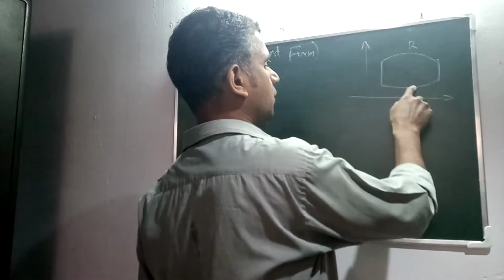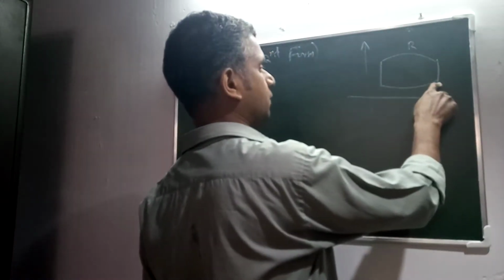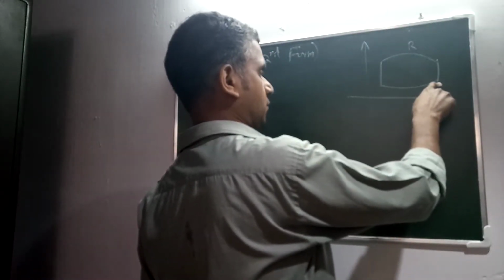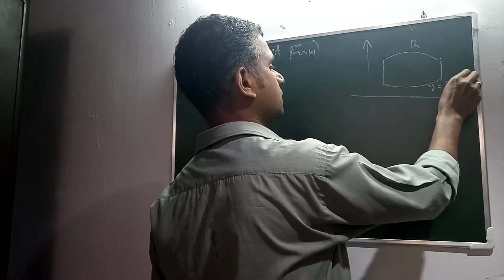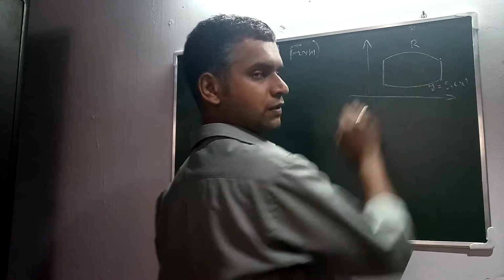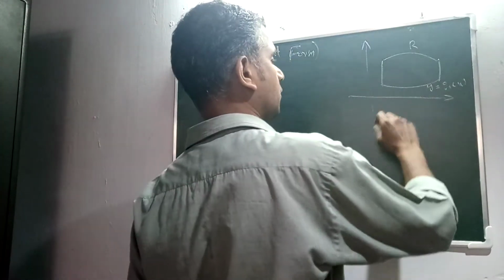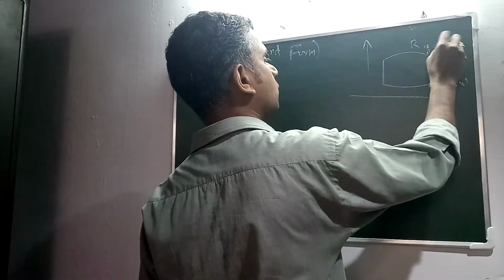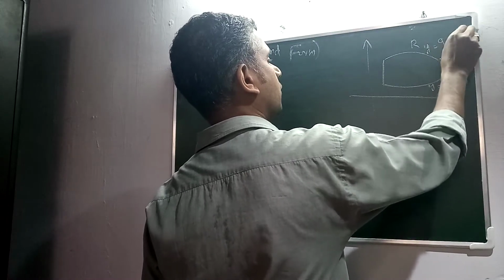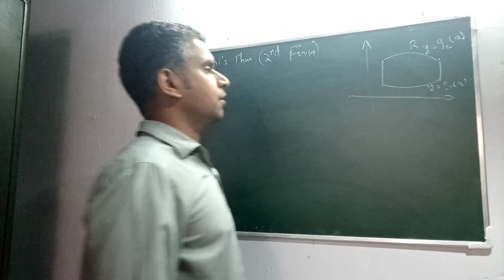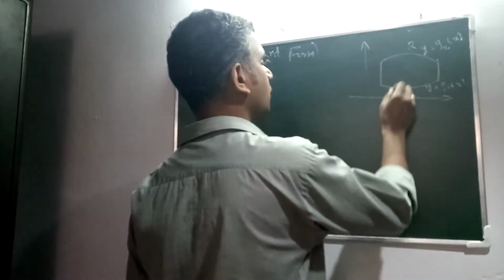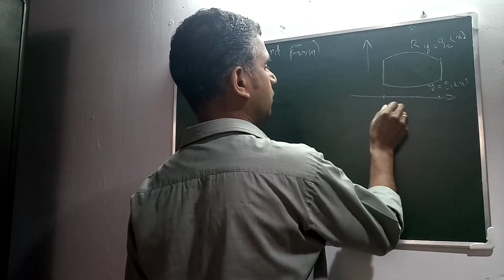So here this curve that is continuous, it's a function of x, so call it y is equal to, let us say, g1 of x, and this curve that is another continuous function of x, so call it as y is equal to g2 of x, and here x varies from a to b.